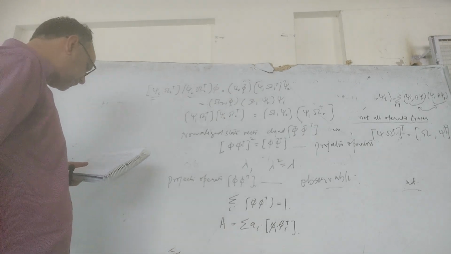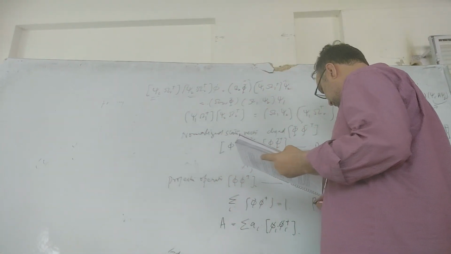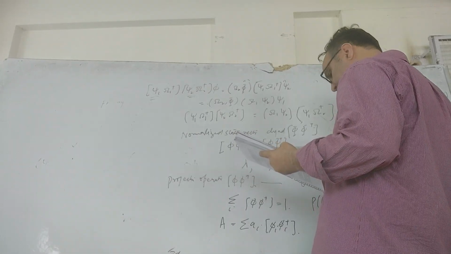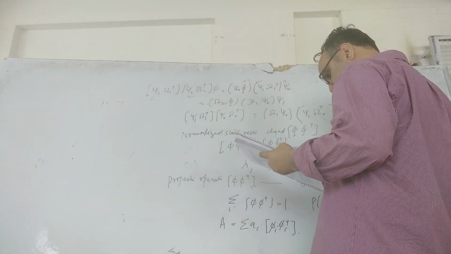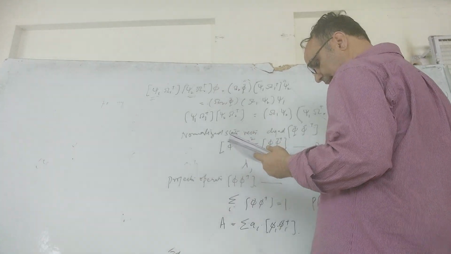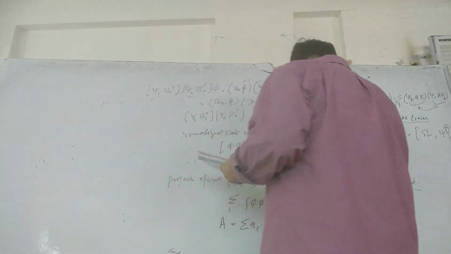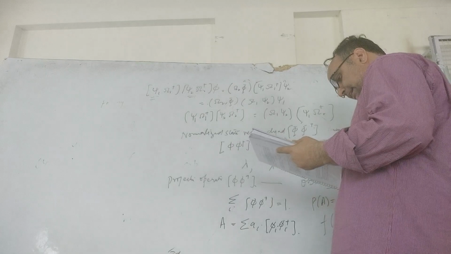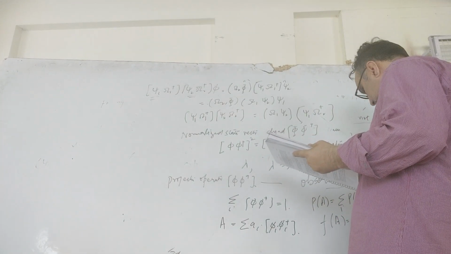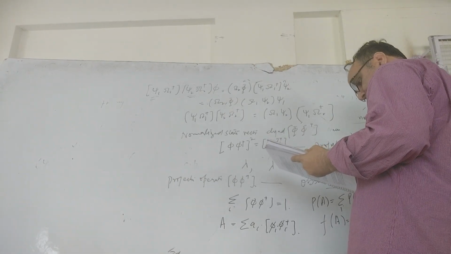For a polynomial function of a Hermitian operator, and for any function with finite eigenvalues, f of A can be written as the sum of f of ai phi i phi i dagger.